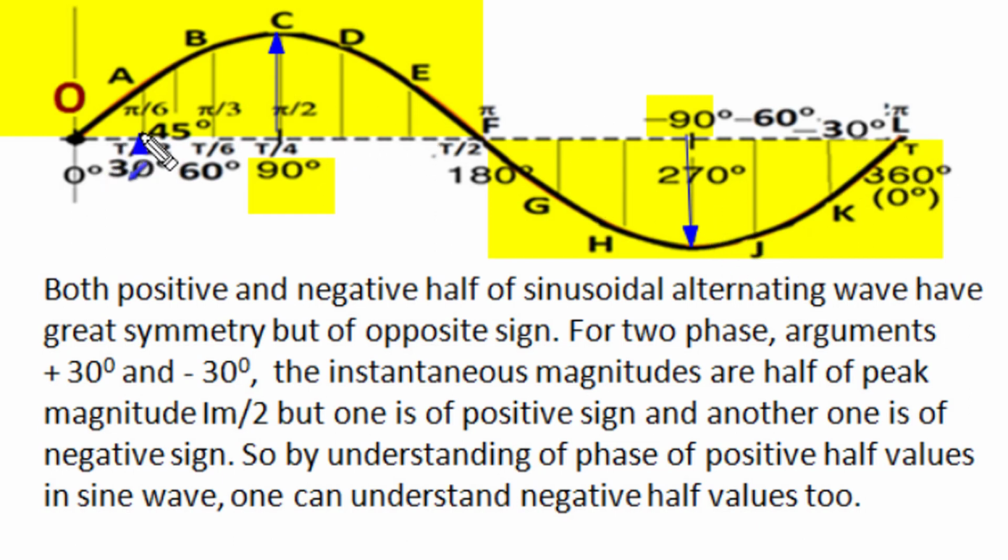Similarly, at plus 30 degree phase instant and minus 30 degree phase instant, the instantaneous magnitude got same value, but for plus 30 it is positive in sign and for minus 30 degree phase it is negative in sign. So if we understood positive half cycle variation, then negative cycle variation can be obtained just by inverting the sign of positive cycle values for positive cycle phase conditions, because positive half and negative half got a symmetry but opposite signs.